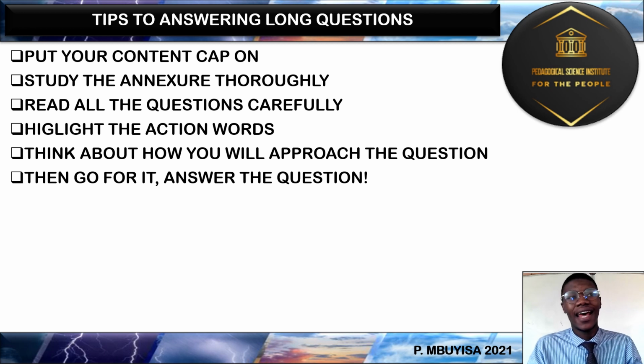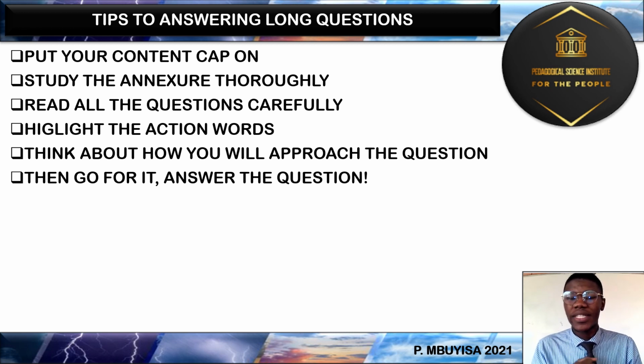So if you've highlighted the action words, you can now think about how do I approach the question, and as a result, it will lead you to the last step. Go for it, answer the question, give the correct answer. Do not explain if you are not asked to explain.